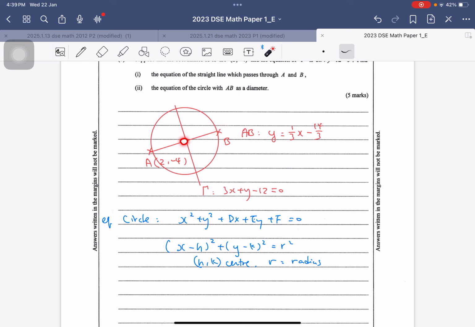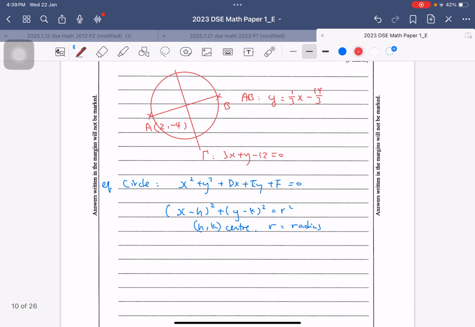So the center is the intersection point of the two lines. We can solve these simultaneous equations in two unknowns to find the coordinates of the center. Then we can use the distance formula to find the radius between A and C.